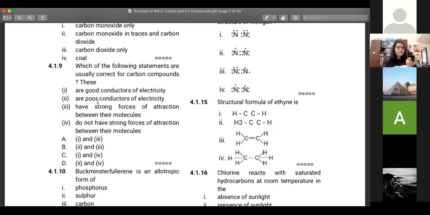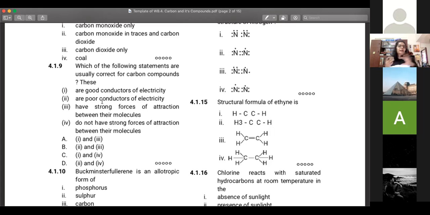Graphite is a very good point you brought out, but that is an exception. Graphite is the only case. If you take coal, diamond, or any other form, it's not going to conduct electricity. Secondly, see, it says usually correct, like majority of the times what is correct for carbon compounds, not for pure carbon. So graphite is not something that you need to consider.